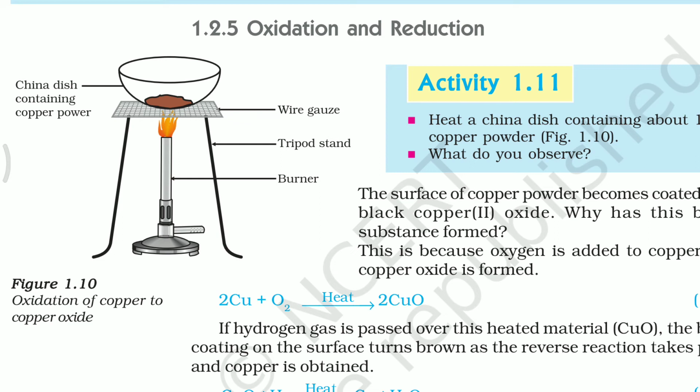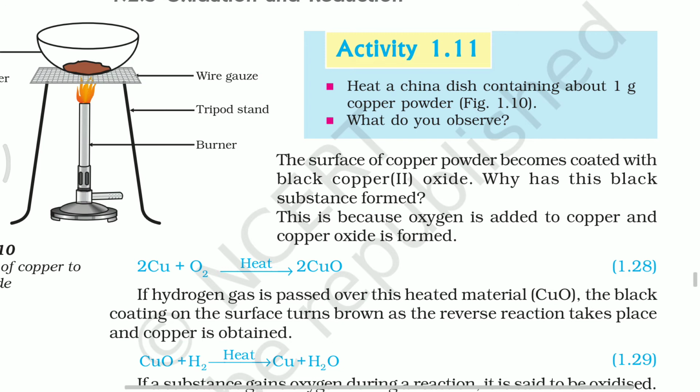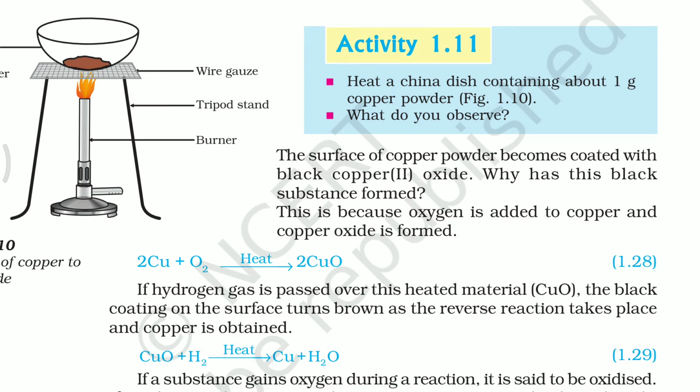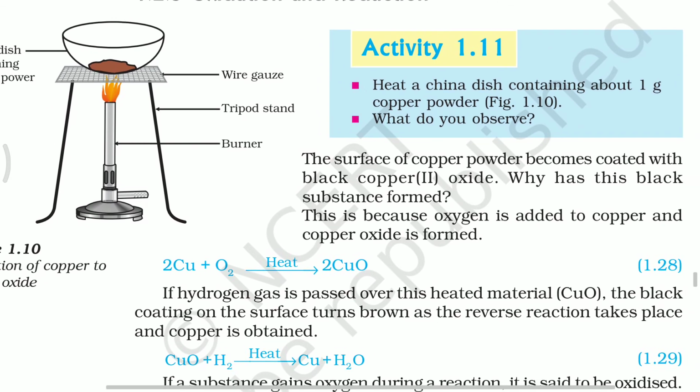First oxidation. To understand this we do one activity. Take a few grams of copper in a china dish and heat it in the presence of oxygen. We took copper powder and heated it in the presence of oxygen. What is formed?